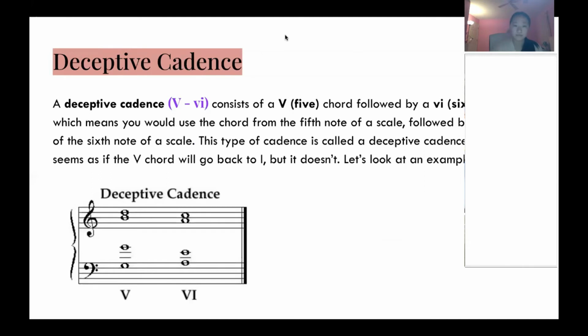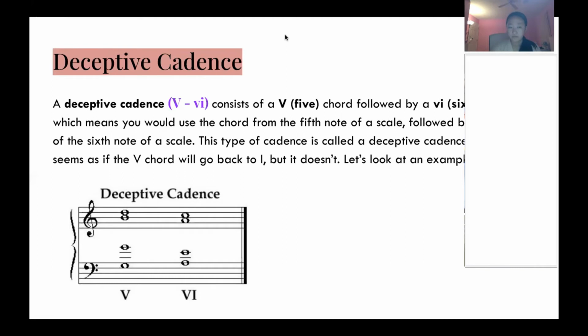A deceptive cadence consists of a 5 chord followed by a 6 chord. Which means that you would use the chord from the fifth note of a scale followed by the chord of the 6th note of a scale.